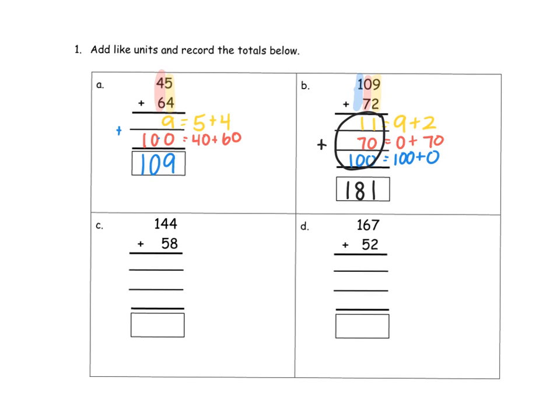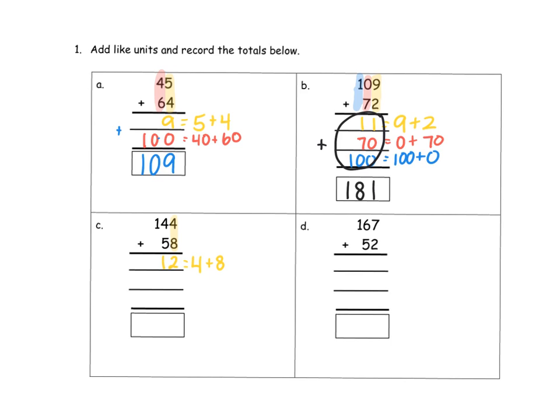Okay, let's look at this problem down here. 144 plus 58. So let's look at the like units. I'm going to look at my ones place, and I see 4 plus 8. 4 plus 8 equals 12.